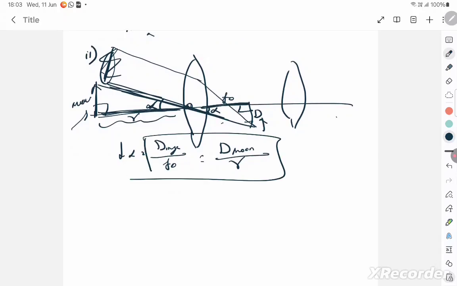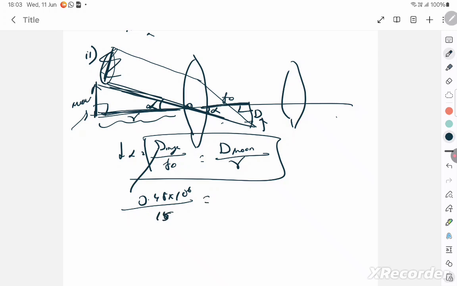If you know the diameter of the moon, they've themselves given the diameter of the moon, so take this as the diameter of the moon, 3.48 into 10 to the power 6, by the focal length of the objective. The objective has focal length 15 meters. Is it meters? Yes.